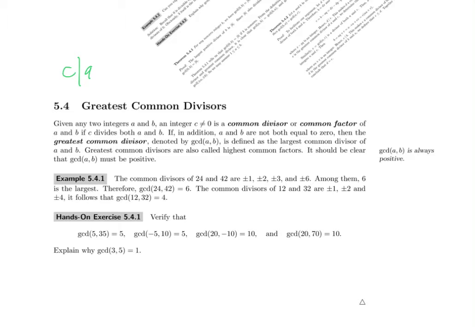C divides a means there exists some integer, let's call it m, such that a equals cm. And then c divides b would similarly mean there exists some integer n such that b is equal to c times n.